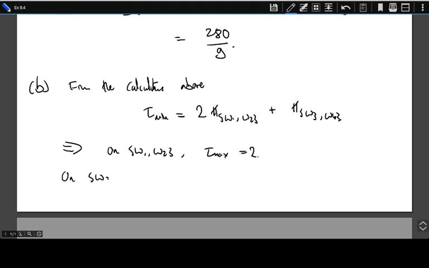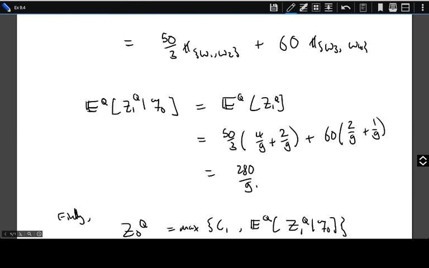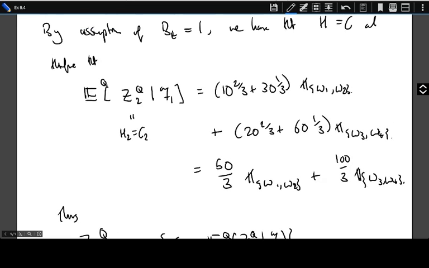On {omega 3, omega 4}, we see from our calculations that the expected value of Z2Q given F1 is not equal to Z1Q. We calculated these both. Z1Q is equal to 60, and the conditional expectation is equal to 100 over 3.